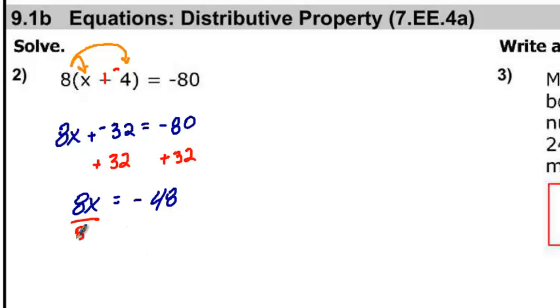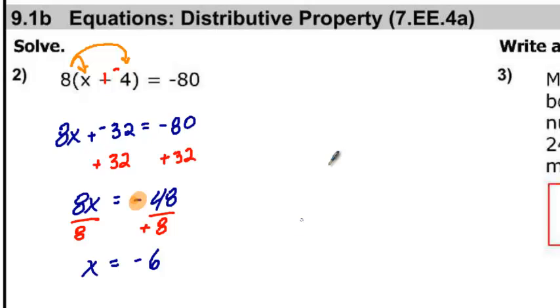Our second step is to divide by the coefficient, and when we divide by the coefficient, we get x equals negative 6. Again, if you have difficulty keeping track of the negative signs, as soon as you saw that negative and this 8, we could have taken the 8 and said that's a positive 8. Negative divided by positive will always be negative.